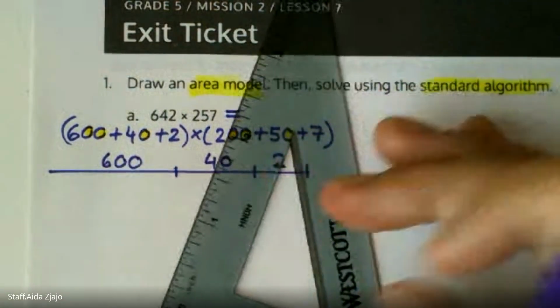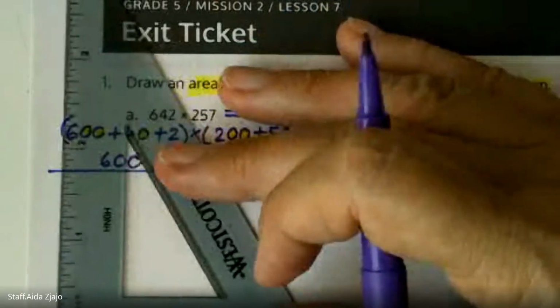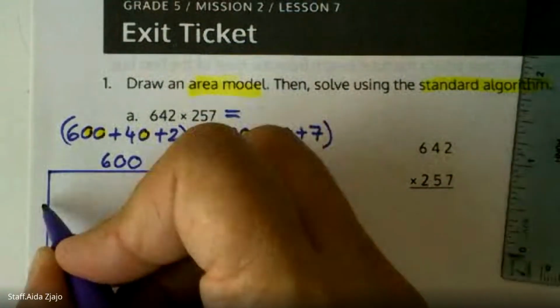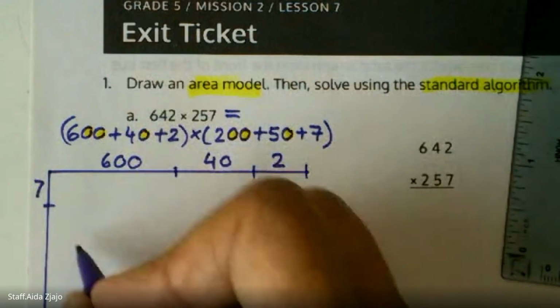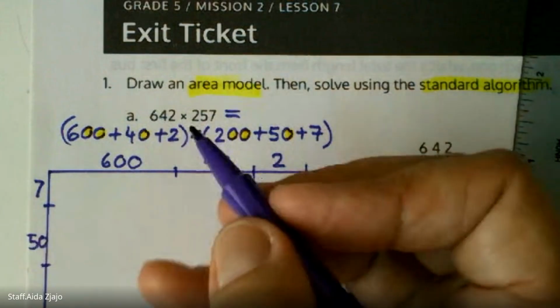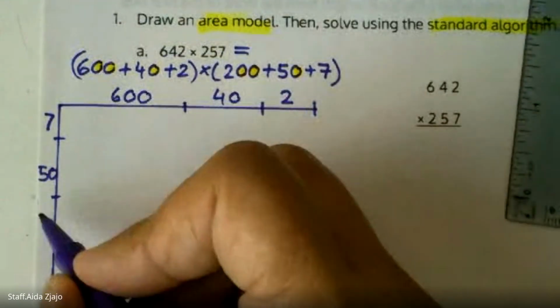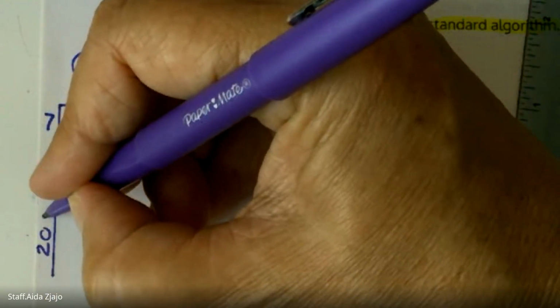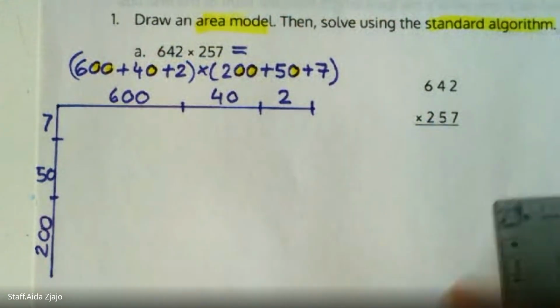Okay, I'm going to go down, and I'm going to do 7 ones first, then I'm going to do 50, and then I'm going to do 200. Okay, I'm going to move 200 this way so you can see.